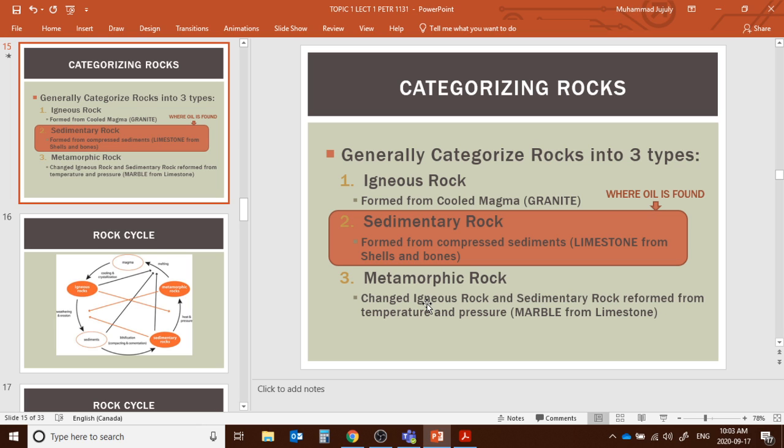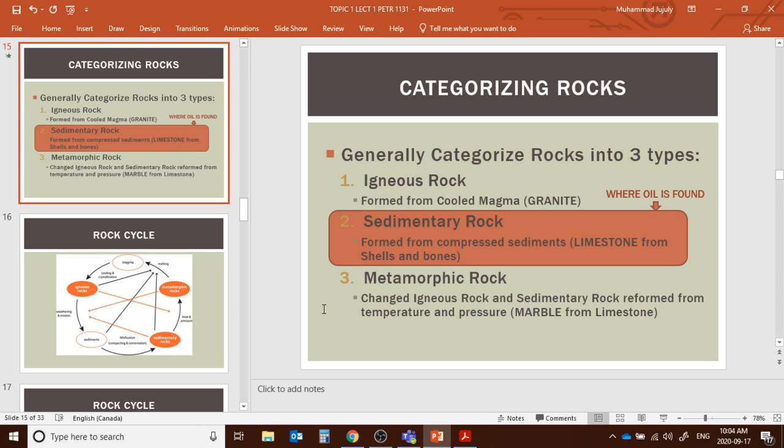Okay, metamorphic rock, as you can guess by the name, metamorphism means change in Greek. So metamorphic rock is a change of the igneous rock and the sedimentary rock both, reformed through temperature and pressure.